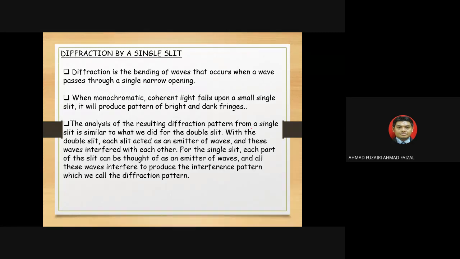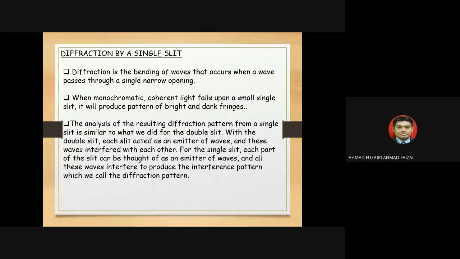In this part, we want to highlight how we can get diffraction by a single slit. Interference, we know, is double slit. For a single slit, it is also considered diffraction. Diffraction by the double slit will lead to interference, but with only one slit, we call that diffraction.